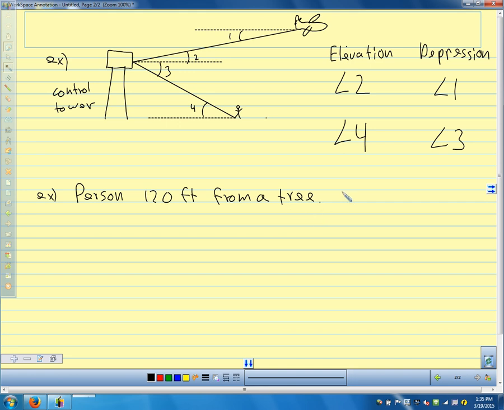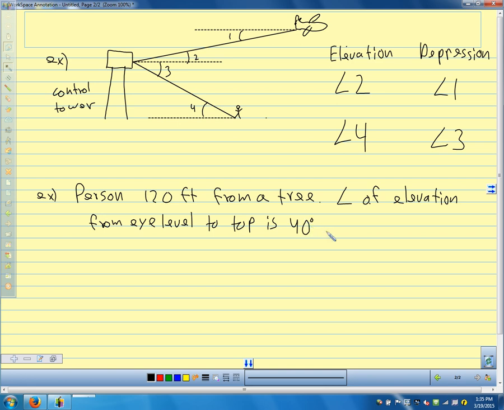The angle of elevation from eye level to the top of the tree is 40 degrees.